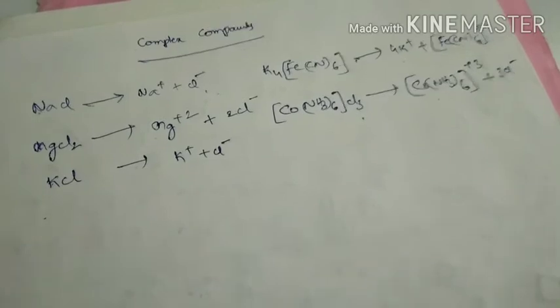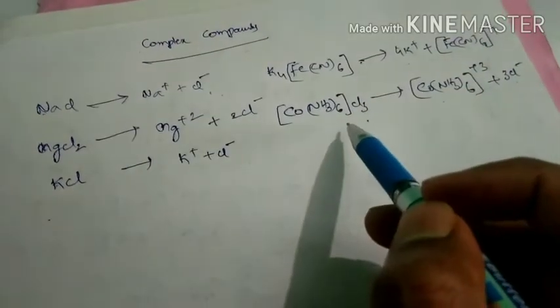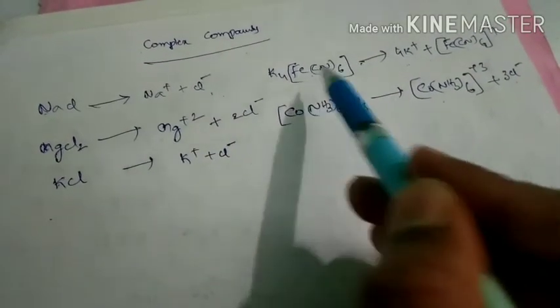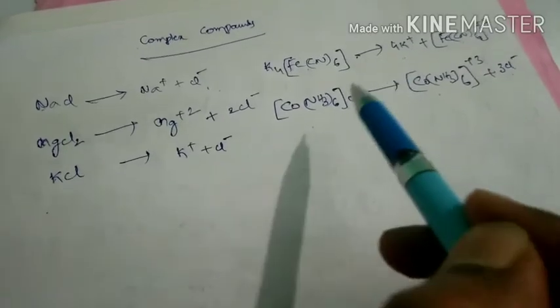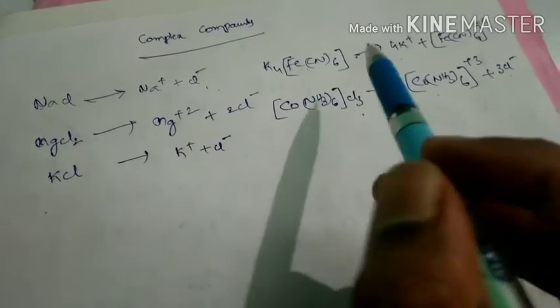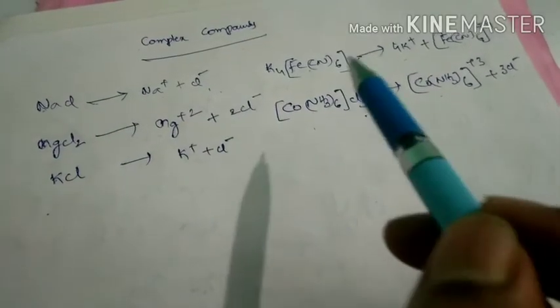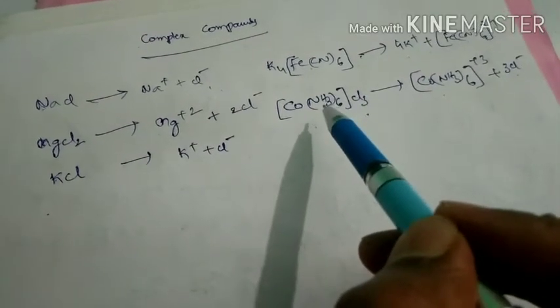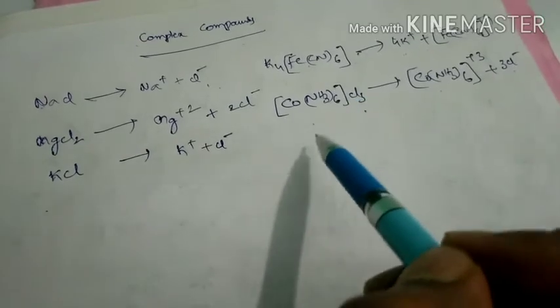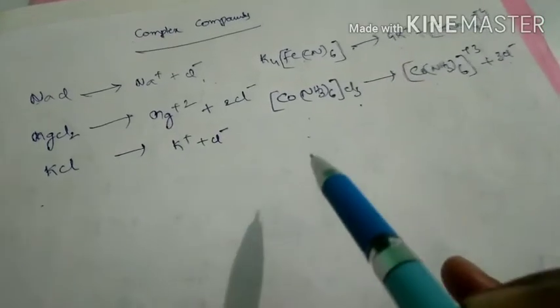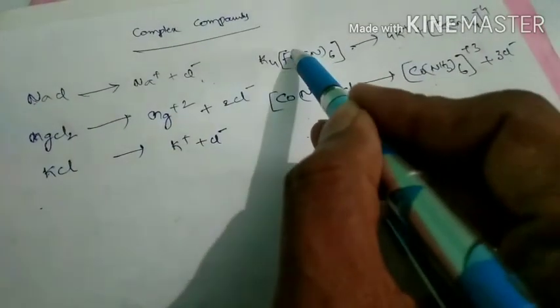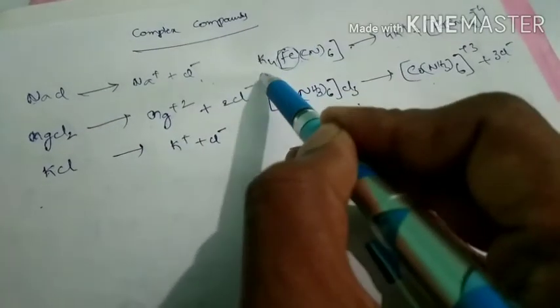Next, in every complex compound, see, this is a complex compound, this is also a complex compound. In every complex compound, metal atoms and ligands are present. See, in this compound, this iron is the metal atom, not potassium.